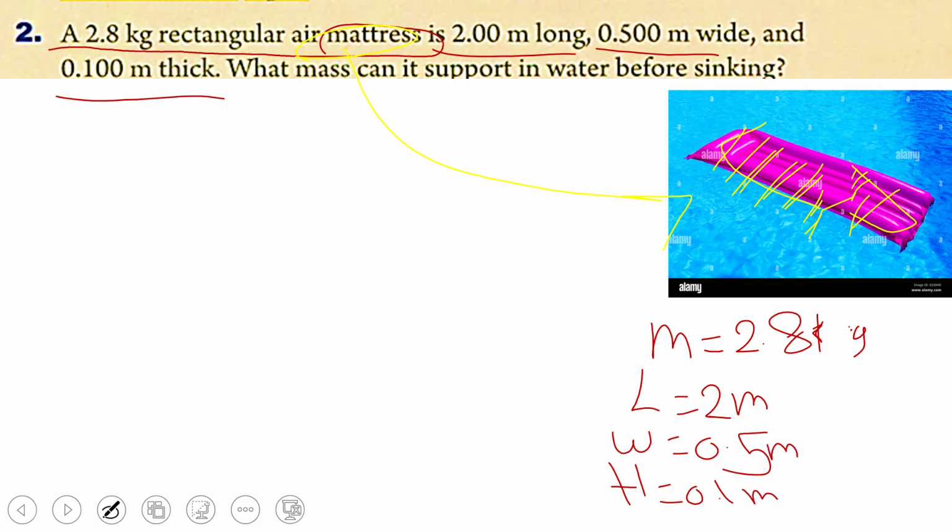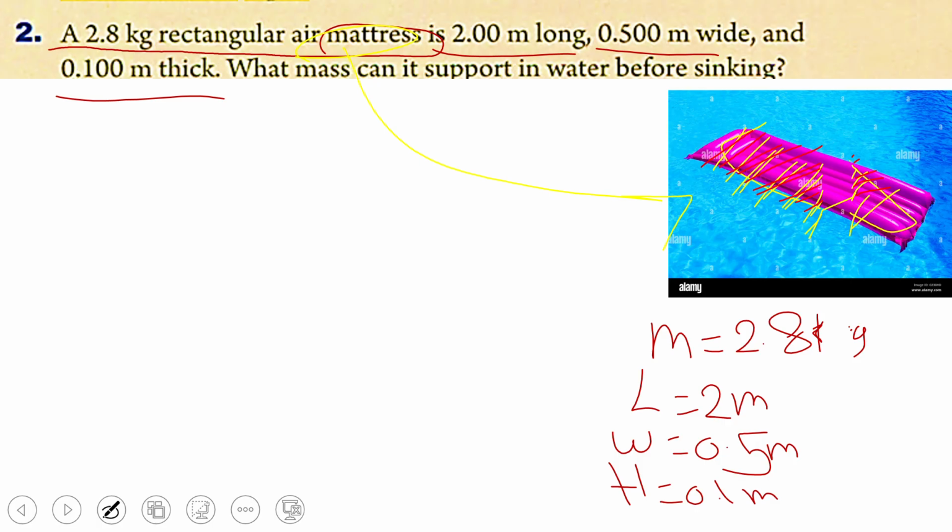Okay, so the question says, what mass can it support in water before sinking? What does that mean? Guys, building the picture is important to understand. As we know, the air mattress is on the surface, or sometimes we have some types of air mattress that go inside the water.